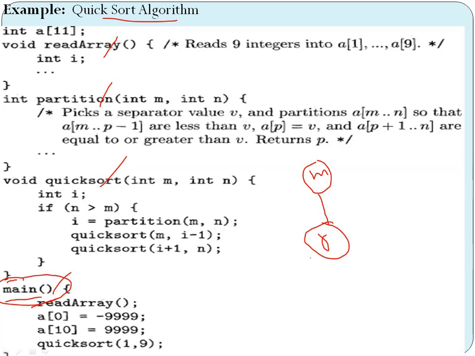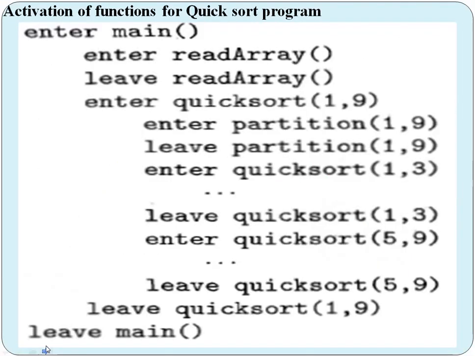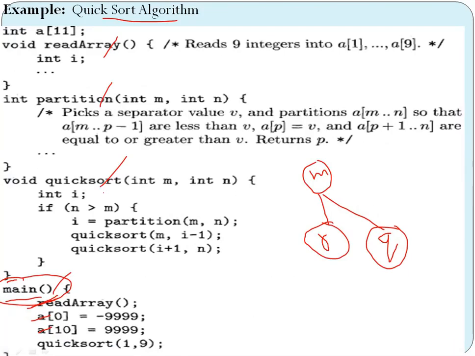After completion of the read array function call, it executes some statements. After that, it starts another function called quicksort. The quicksort function is a recursive function.